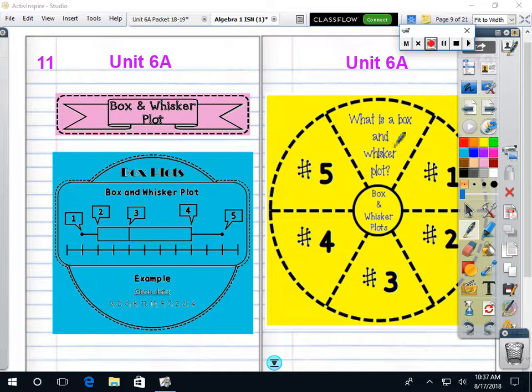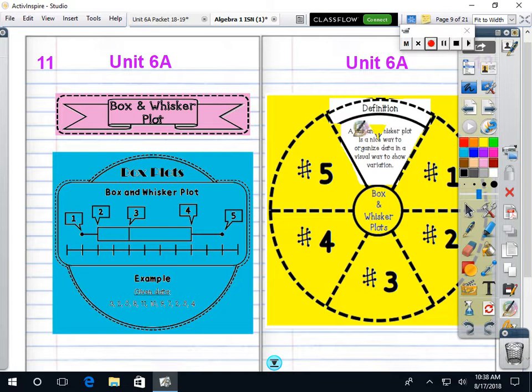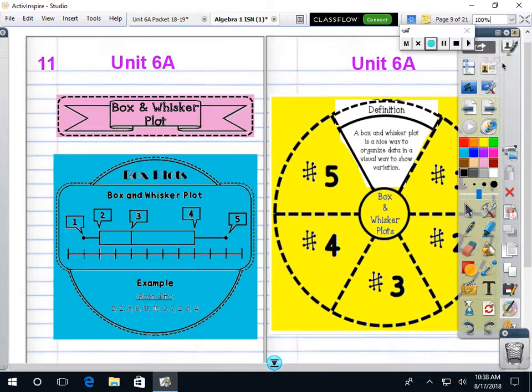Now, below that, we're going to define box and whisker plot. So I'm going to reveal it, but don't start writing right away because I will tell you what you can put instead so that you don't have to write as much. Okay, let me zoom in some. Oh, well, maybe a little more.